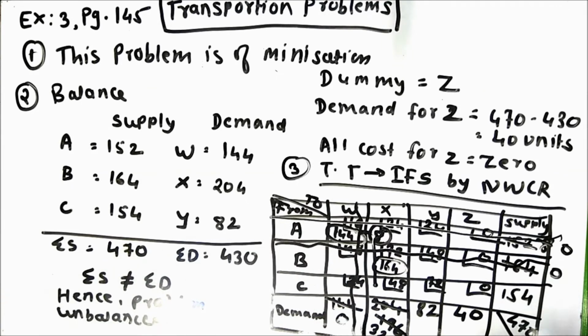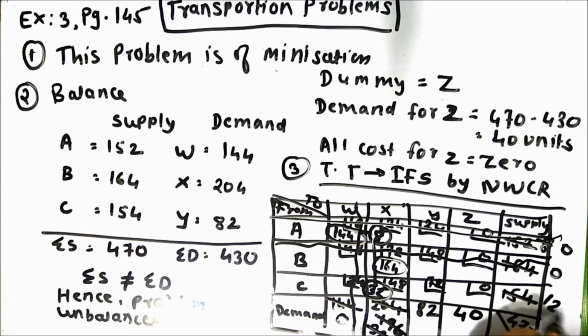Again we have to check the demand side and supply. So my supply is 152 and demand is 32. So here 32 and 154. So my 32 is the lesser one. So let me write 32 here. So 32 minus 32 is 0, and 154 minus 32 will be 122.